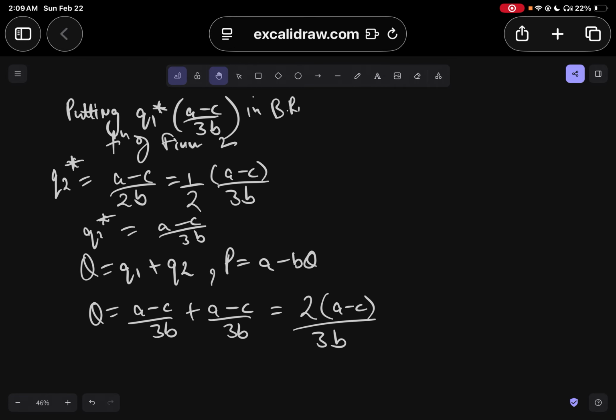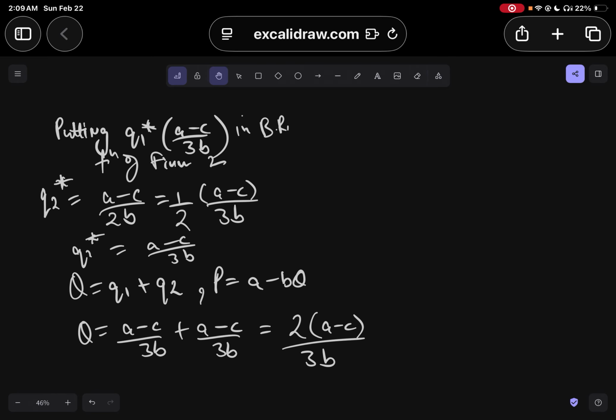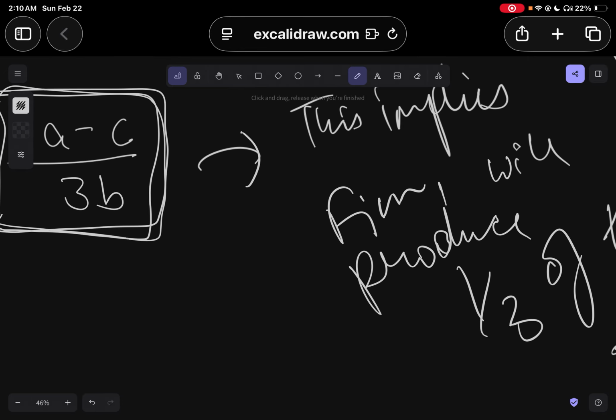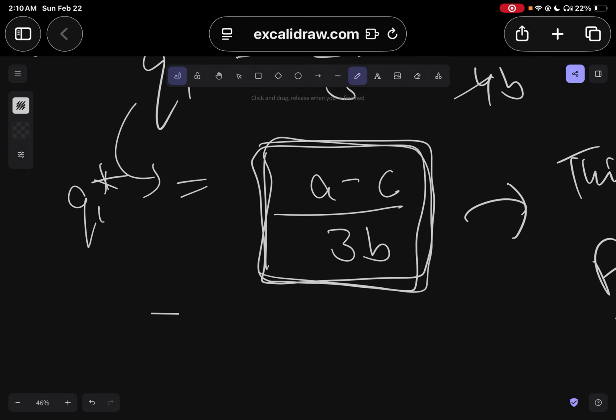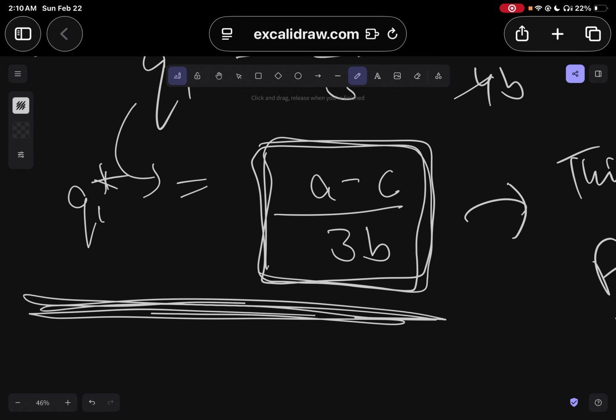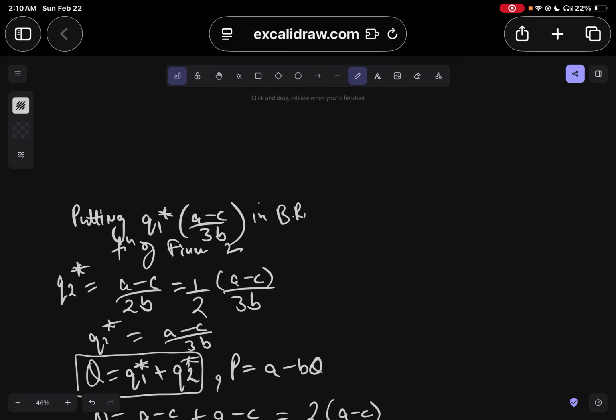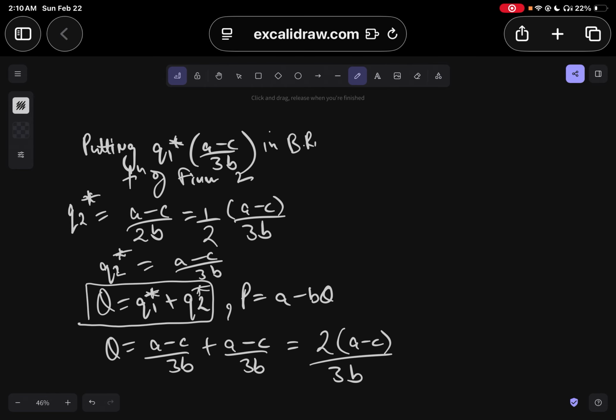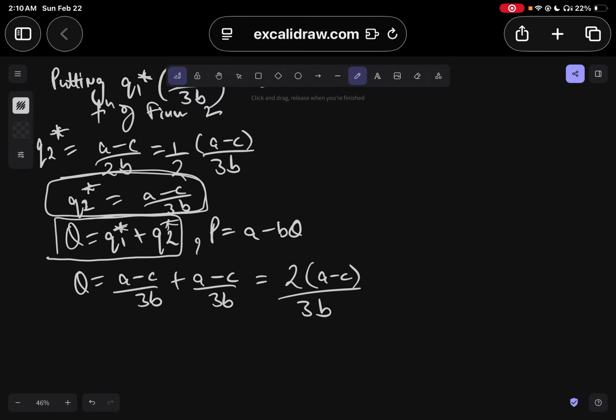So now I'm telling you what has happened in this. You know that the total quantity produced in Cournot is Q1 star, which we got from earlier, and Q2 star. This was our Q1 star, the market extent for firm 1, the best possible output produced in the Cournot model by firm 1. We get the same thing for firm 2, one third of the market.